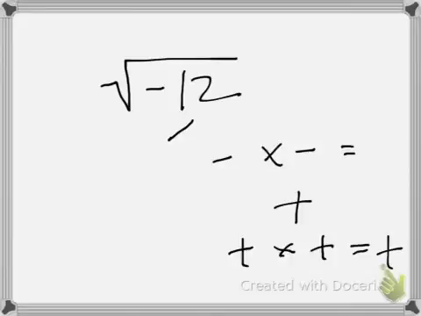A square root is basically like 6 times 6, or 7 times 7, or 2 times 2. Kind of get what I'm saying.